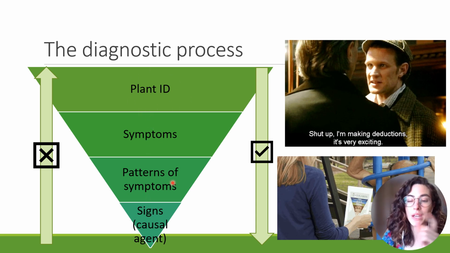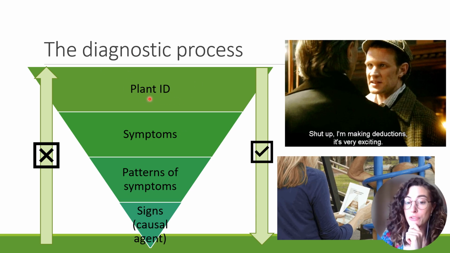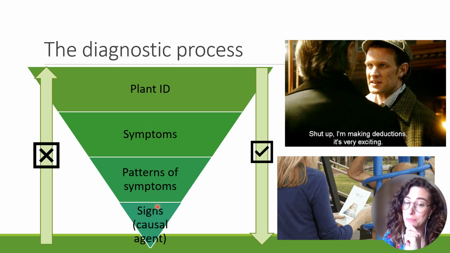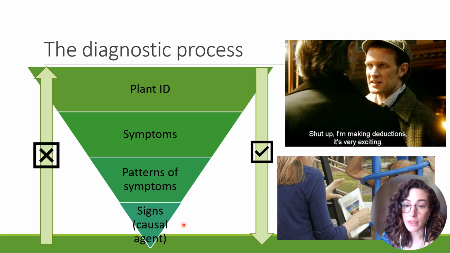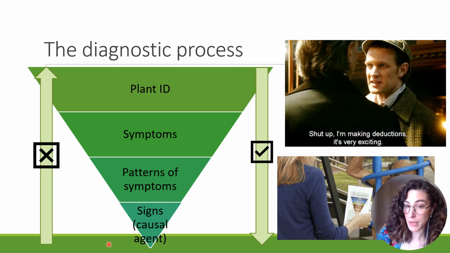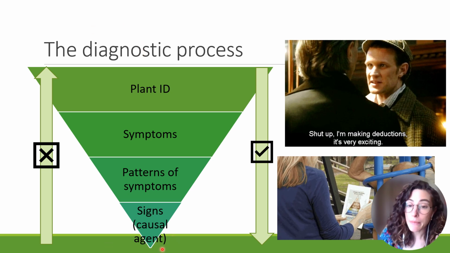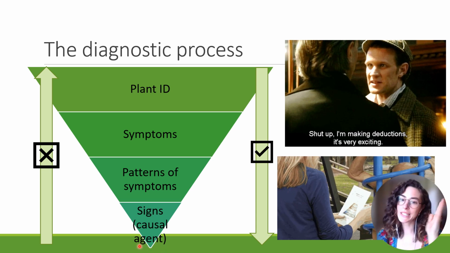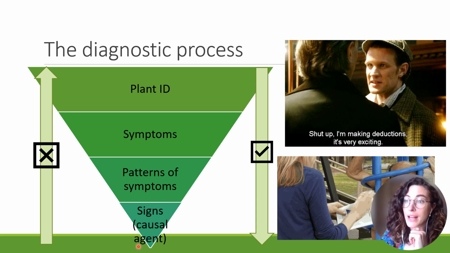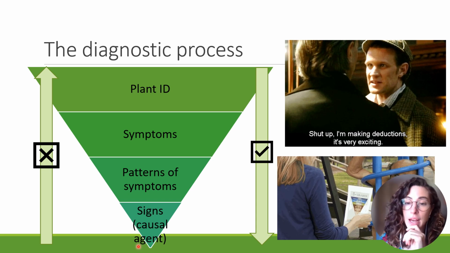Because if you skip, again, you're skipping information. And particularly this first step, if you don't know what you're looking at, then you can't actually proceed with the diagnostic process. And the reason why I stress going this way and not just sort of coming up with a problem and trying to find supporting information is because deciding it's a problem, for example, I decided that this crab apple has apple scab, and I'm going to find evidence to support that it has apple scab, is called inductive reasoning.